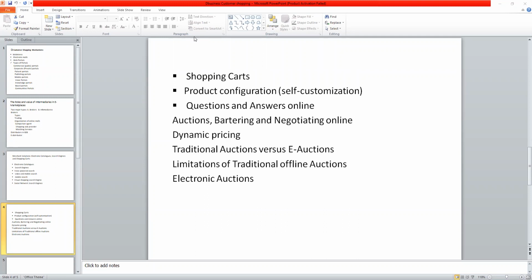Individual consumers and organizations both can participate in this convenient form of e-commerce transactions. Major online auction websites are like eBay.